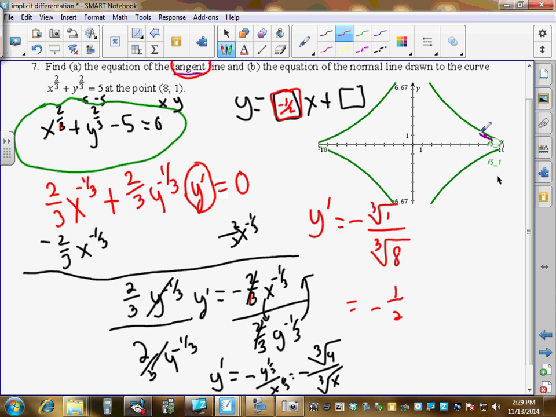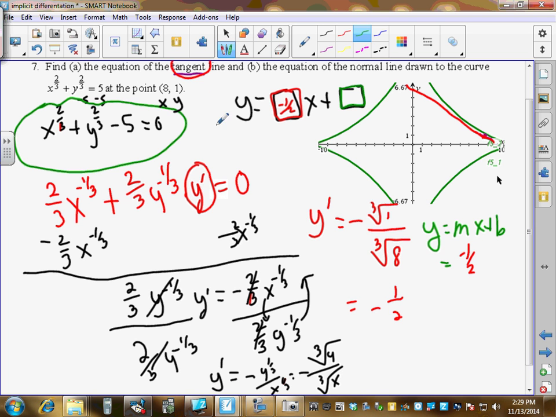That makes a lot of sense because we can tell the function is decreasing there, and that little tangent would be negative. We also need to know the y-intercept. If we were to extend this, what would the y-intercept be? So we need to find b, y = mx + b. We just found out the slope was negative 1/2.